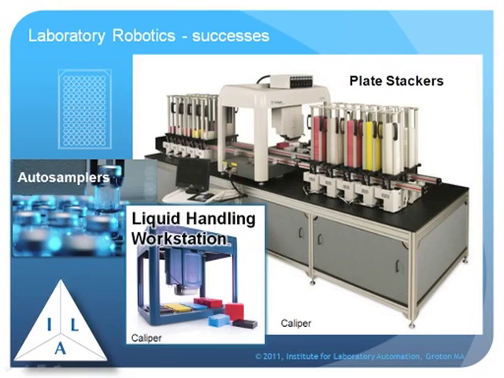Because of the standardization on these plates, instead of having samples being analyzed serially, one at a time in a train, the samples are being analyzed in parallel. A whole group of samples is being processed at one time. And because of the standardization, we have things like liquid handling workstations and plate stackers that are designed to work with these things very efficiently.